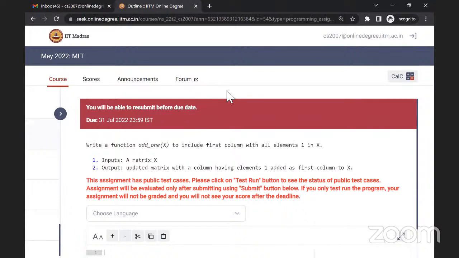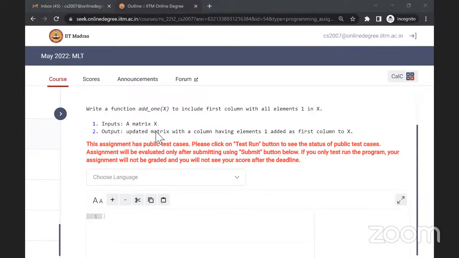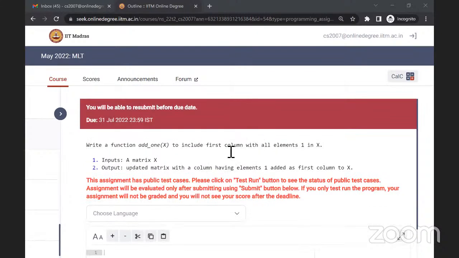Okay, so this first question: write a function add_1 on x to include a first column with all elements 1 in x. The input is a matrix x, and the output is the updated matrix with a column having elements 1 added as the first column to x. Okay, so is this question clear?